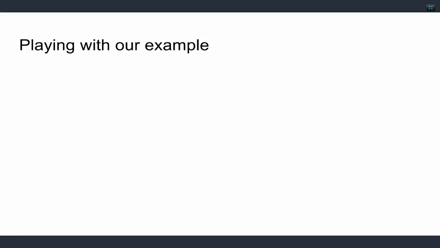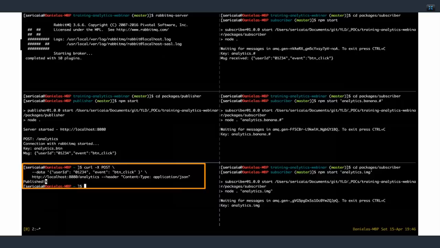We talked a bit about our example, and now I have some information about how to start it. Here you can see on the left side that I'm starting the RabbitMQ server. In the middle left, I'm starting the publisher, and in the bottom left, I'm curling the publisher to send a message of a button click.